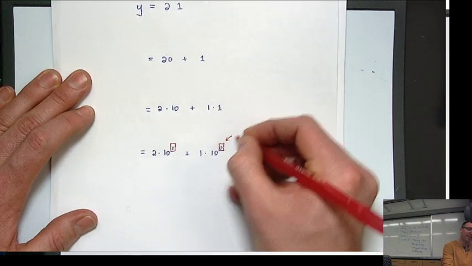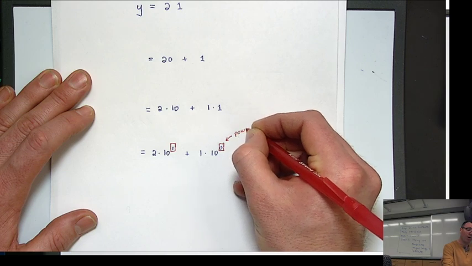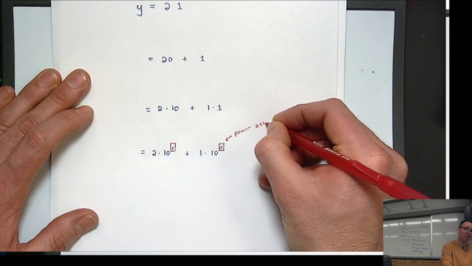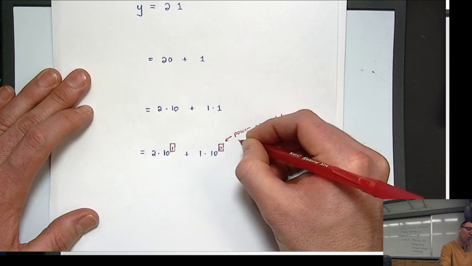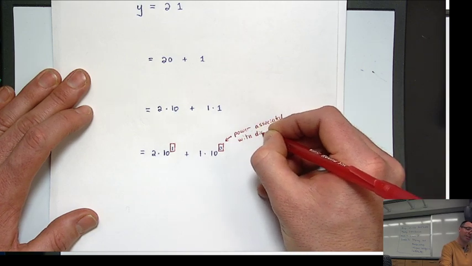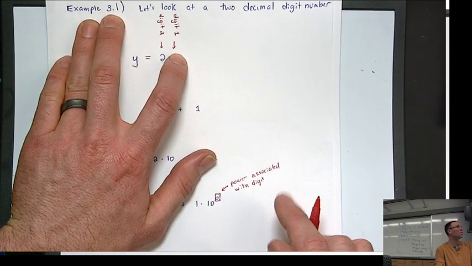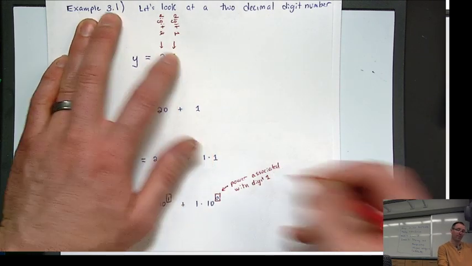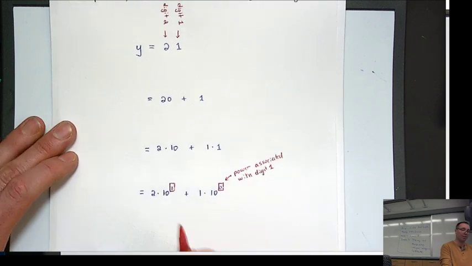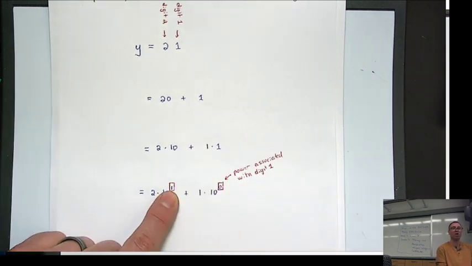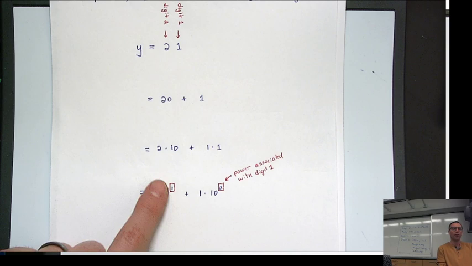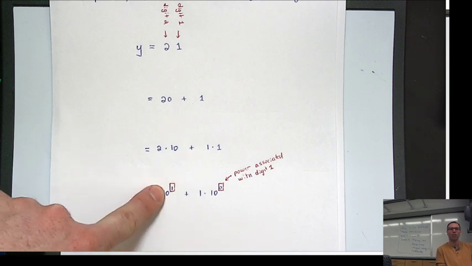In fact, this is the power associated with digit what? 1. Okay, if this is the power associated with digit 1, could you guess what we call this one right there?